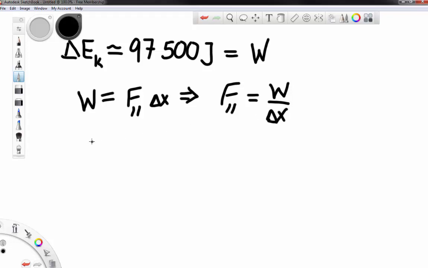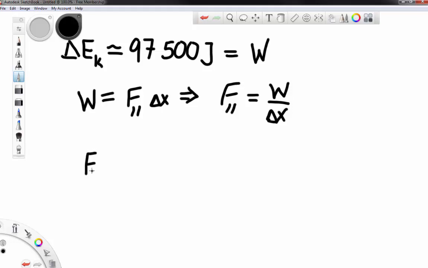Okay, we'll assume here that whatever force is being applied is in fact parallel to the distance over which the car is moving. That's usually the case. For example, if you're applying the brakes, then the force will be exactly in the opposite direction the car is moving, in which case the parallel force and the total force are equal.